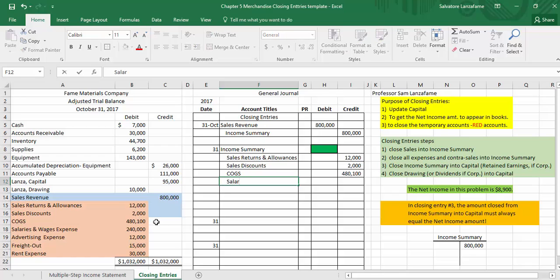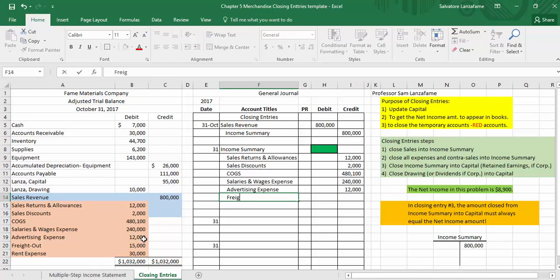We have salaries and wages expense, and that one, let's see, is 240. We have advertising expense, and that is 12,000.